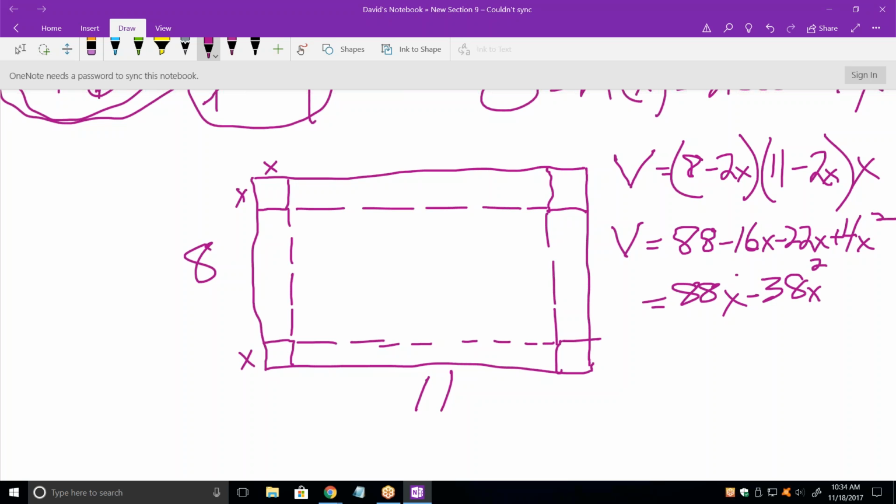And this becomes plus 4x cubed. So there's our volume function, and it's all a function of x. So I can actually write it like that. And now we're going to take the derivative.